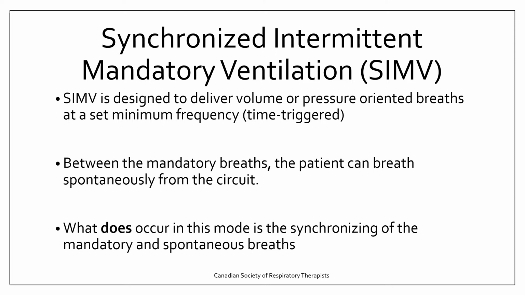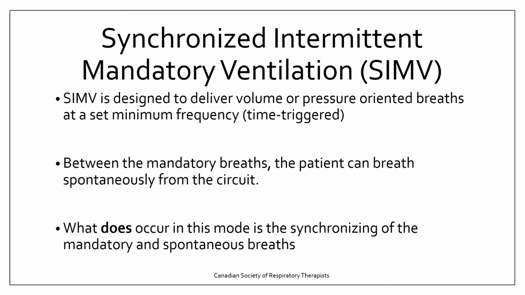So if you're in SIMV mode and you have a respiratory rate set of 12, then in 1 minute, they're going to get 12 machine-delivered breaths, depending upon what you have set. So if you have it in pressure control ventilation, then they're going to get 12 of those machine-delivered pressure control breaths. If you're in volume ventilation, they're going to get 12 of those machine-delivered volume control breaths.